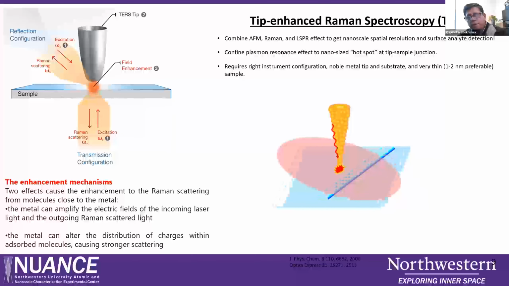So the incoming laser is exciting surface plasmons, and that enhances the electric field at the probe end, and that creates a hot spot. And that can significantly enhance the signal by a factor of 10^5 or 6.